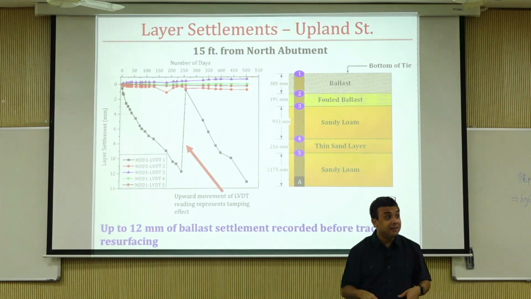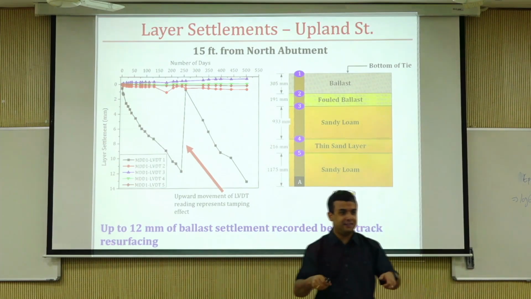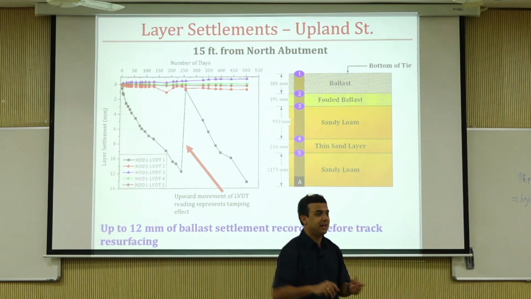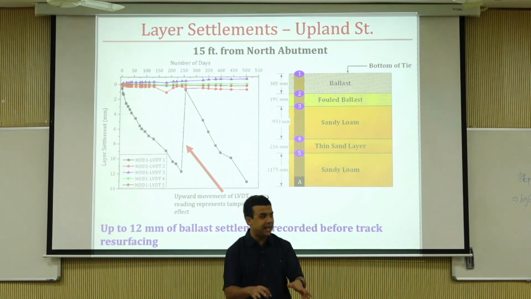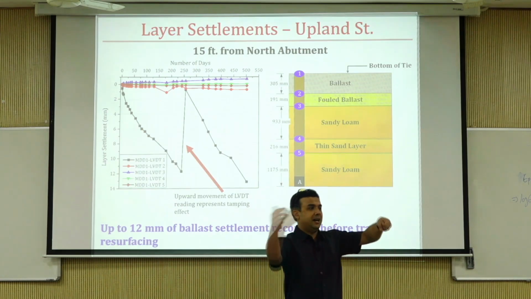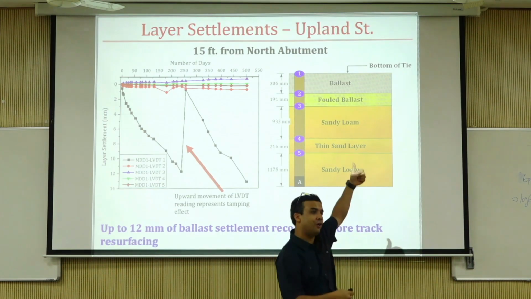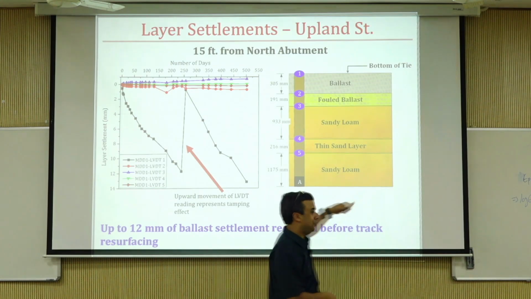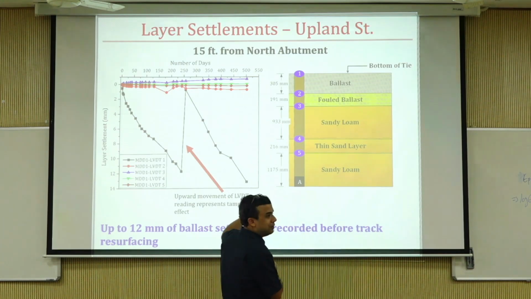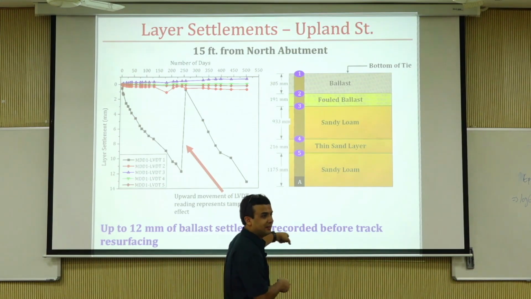They resurface the track. In railroad tracks, it's not an overlay or anything. It's called a tamping operation. It raises the track and fills it with ballast. And when it raises the track, my sensor got lifted, right? So that's the negative. It goes up, and then again starts collapsing.